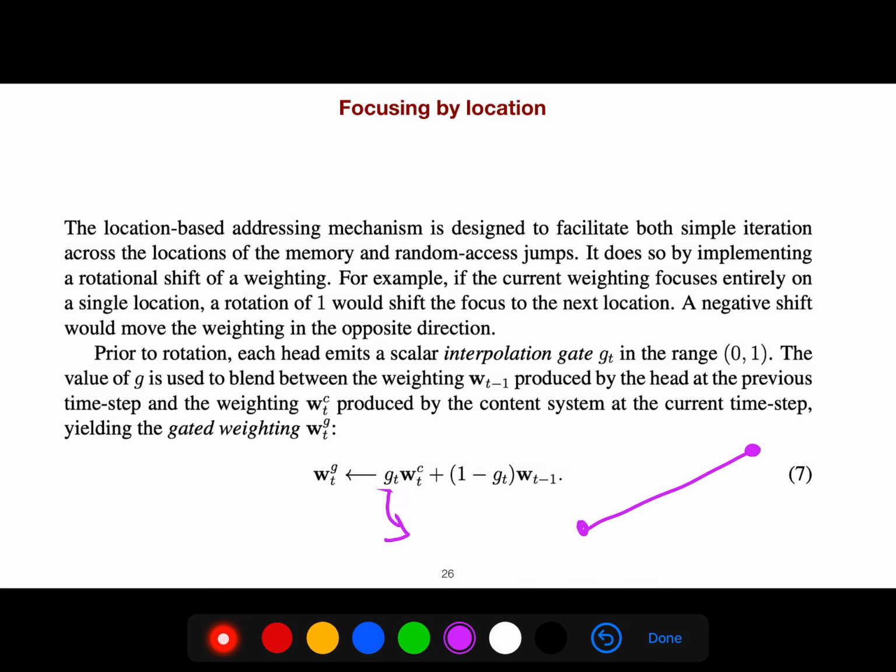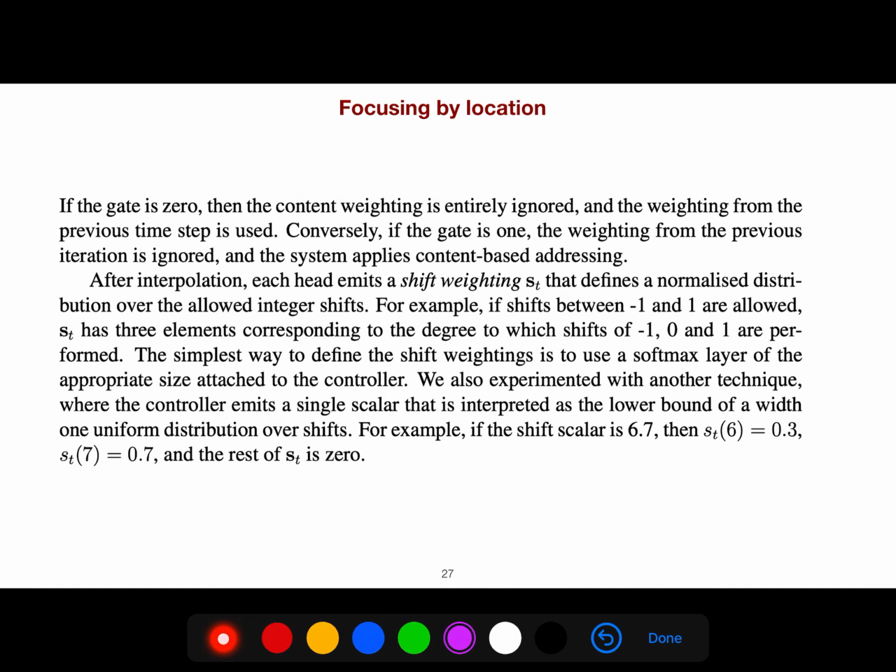So going between two different extremes, depending on g_t, you could be anywhere. And focusing by location, if the gate is 0, then the content weight addressing is entirely ignored, and the weighting from the previous time step is used.